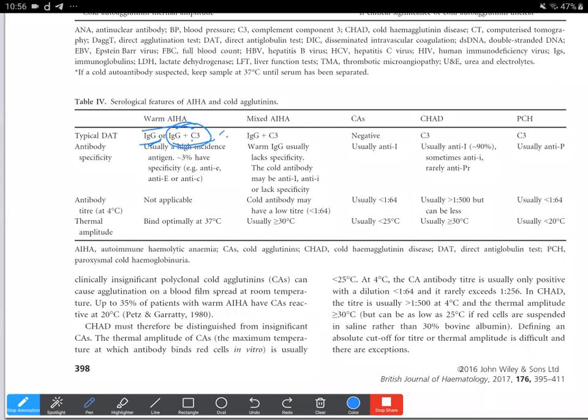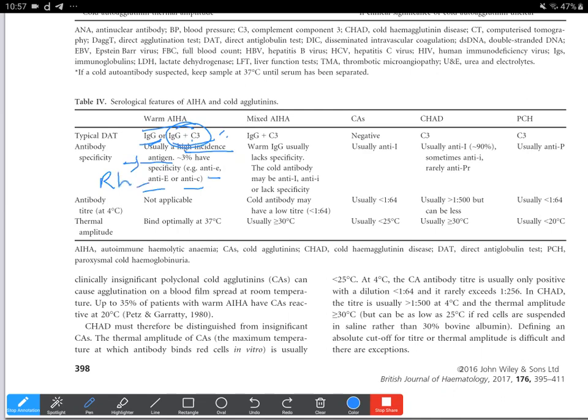And in these cases, usually they are against high incidence antigens, usually the Rh antigen and the glycophorin proteins on the surface. So those high incidence antigens are the usual target. And the specificity is mostly against RHD, or it can be against E and small e, and even small c and big C. So it's mostly the Rh specificity that is present in most of the cases.